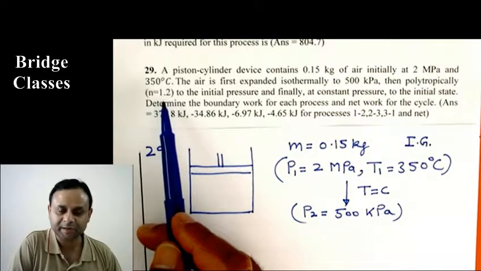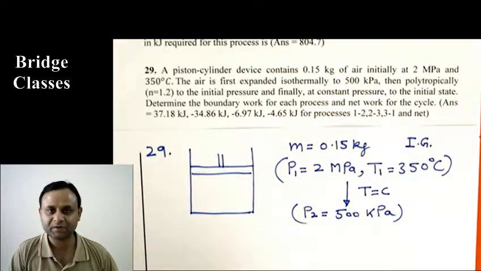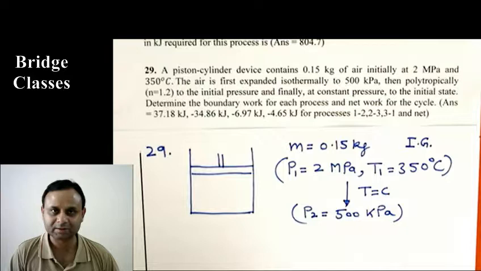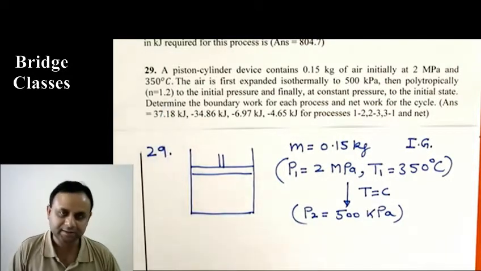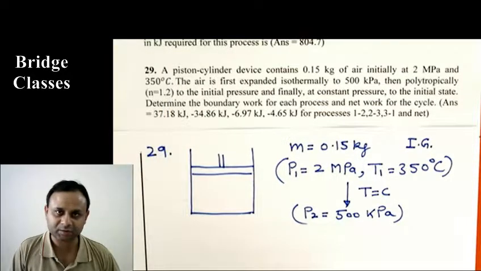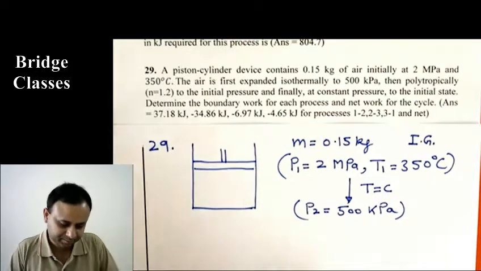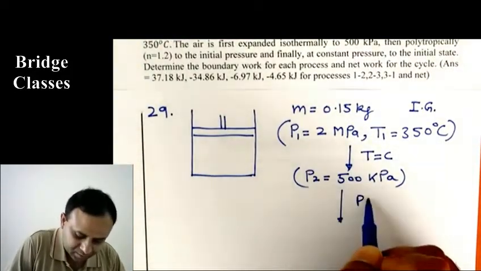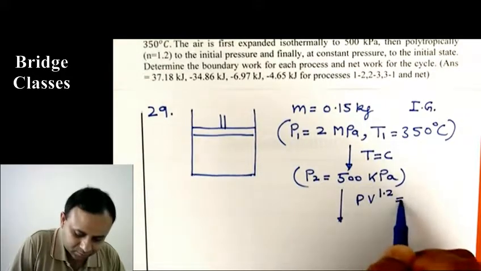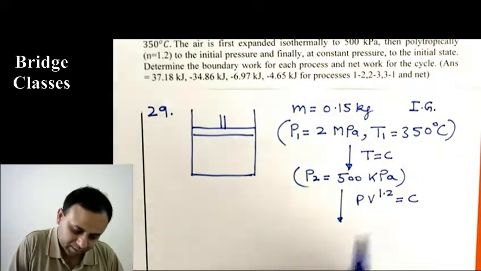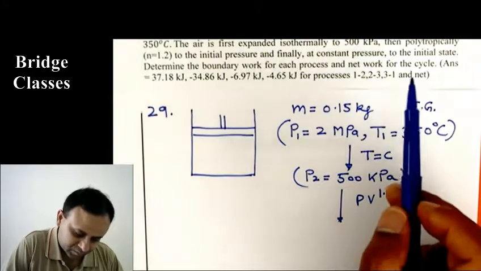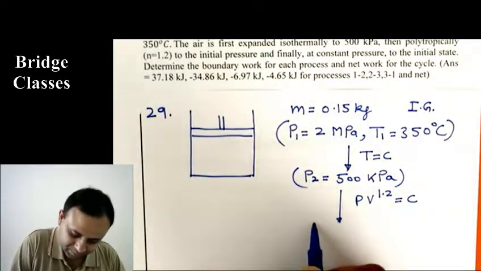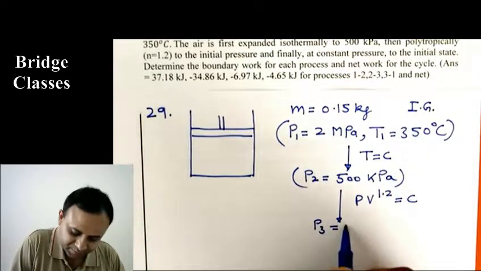This is the polytropic exponent. When we have PV to the power n is constant, that is a polytropic process. So n is called the polytropic exponent or polytropic index. So the next process is PV to the 1.2 is constant, and it goes to the initial pressure. So P3 is the same as P1.